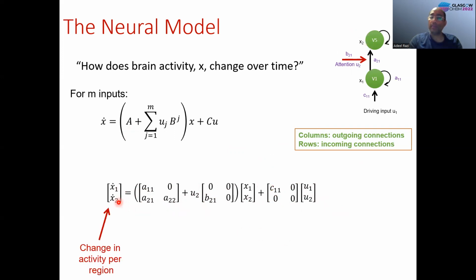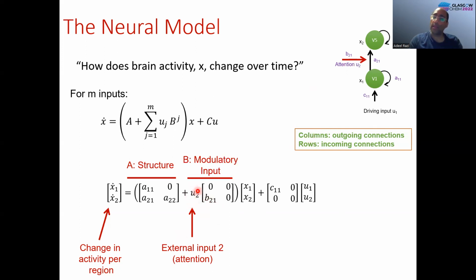This side is capturing the change in activity per region. Then you have this A matrix which shows the structure of this model. Then you have the modulatory input and the modulatory connectivity parameters which are in this connectivity matrix B. You have activity per region, X1 and X2.